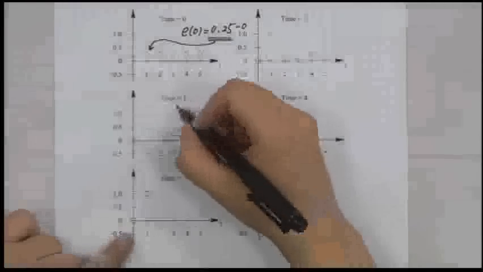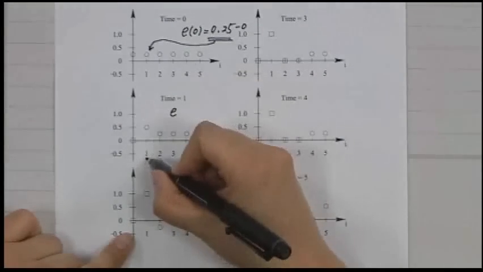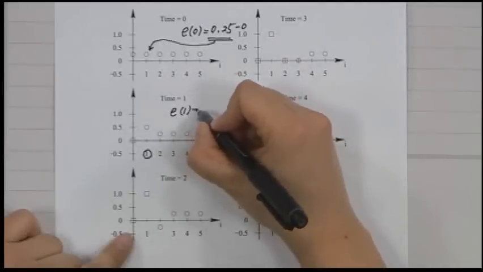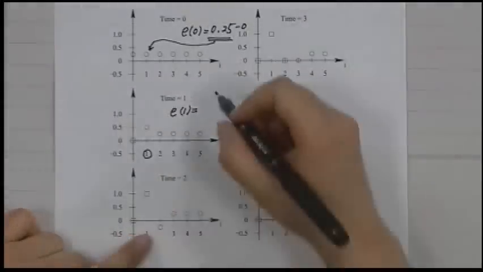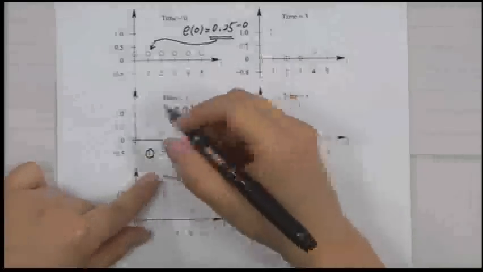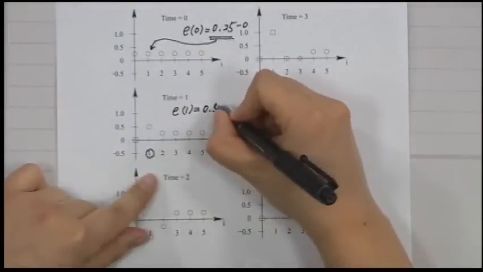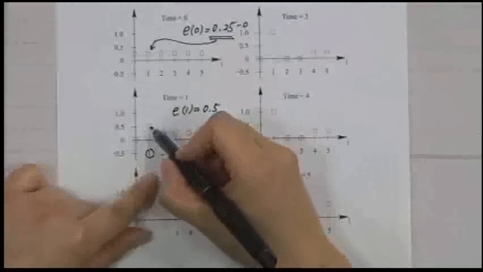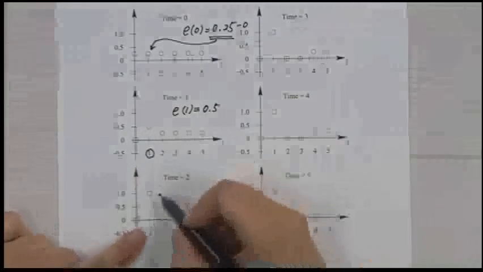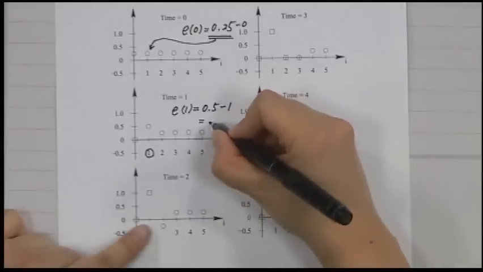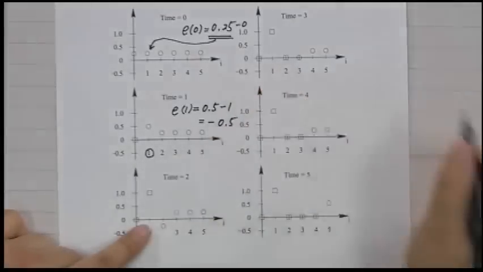So here again, this data generates an error. F tilde, the adjusted data, is 0.5, and now it snapped to 1. So the error was minus 0.5.